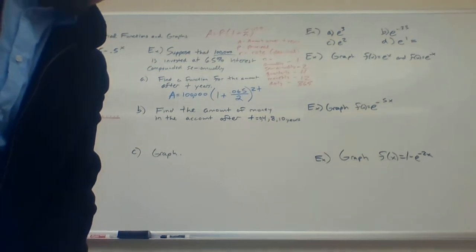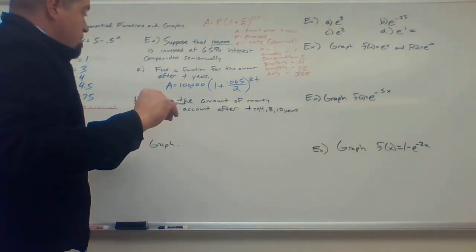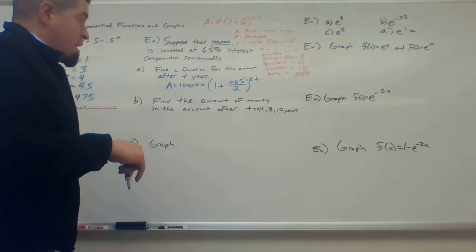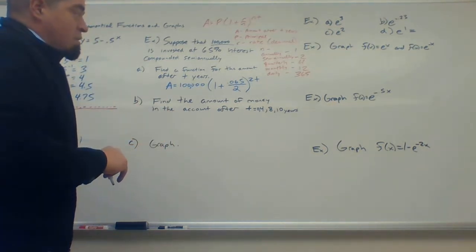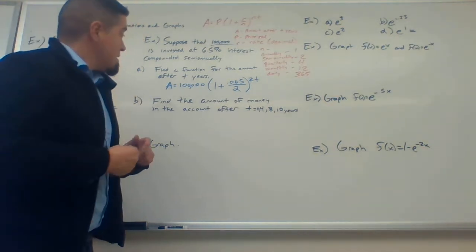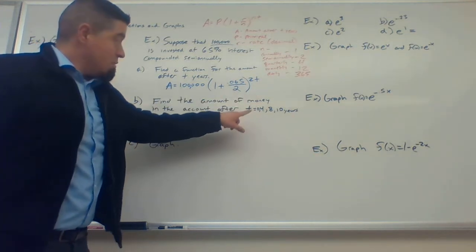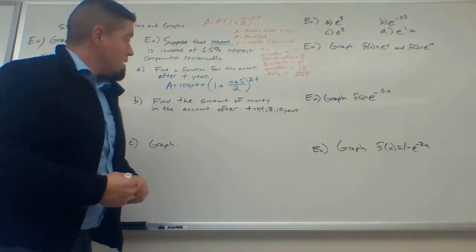Okay, so get a little closer here. Now B says find the amount of money in the account after t equals 0, 4, 8, and 10 years. So quite honestly, on this part, I would probably put this into y equals, and then use your table to get these values. Okay.